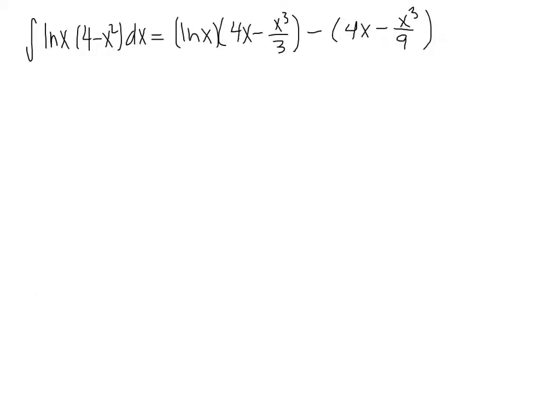Now that we have an antiderivative, we can find the area under the curve by evaluating the integral from 1 to 2 of ln x times 4 minus x squared dx.